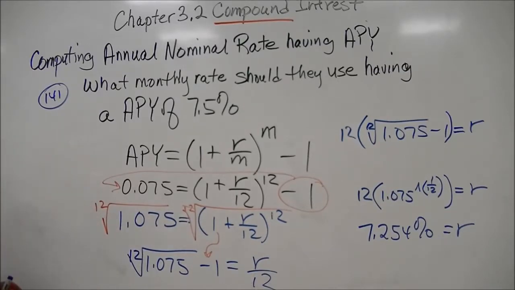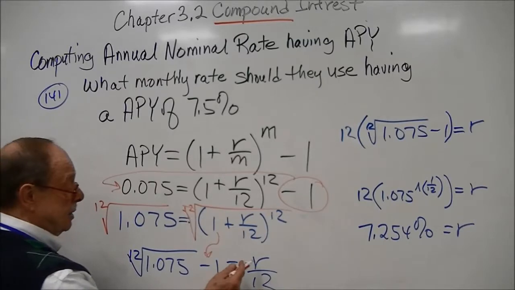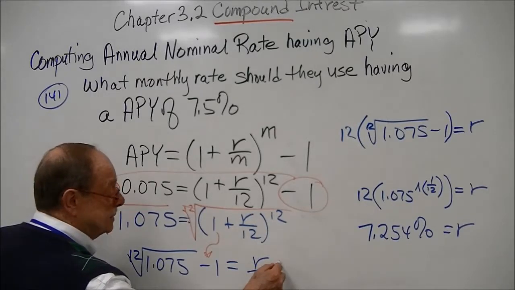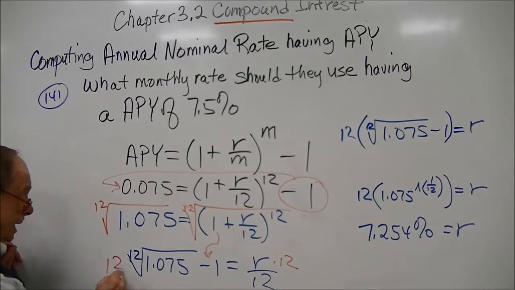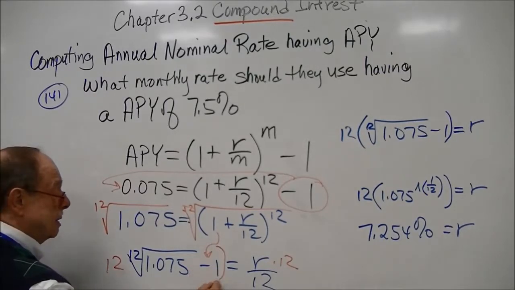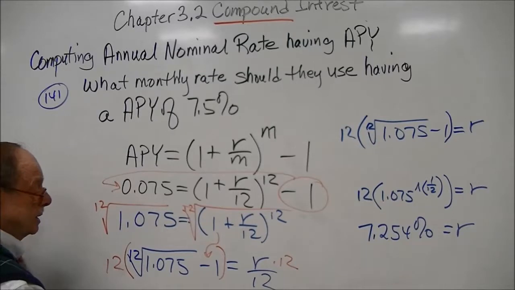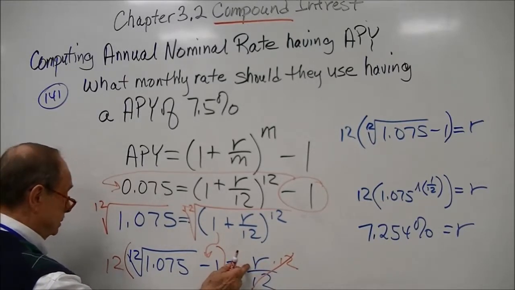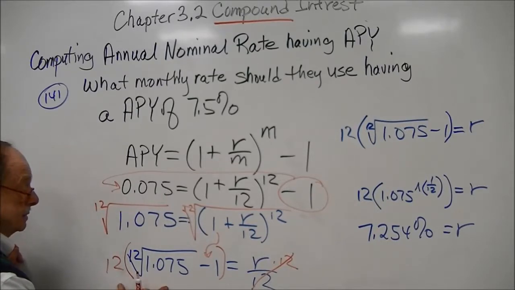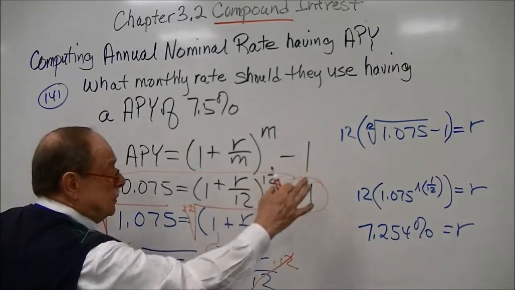Well, again, the rule is, if I want to get R by itself, I have to multiply this side by 12, and I have to multiply this side by 12. Now remember, it's all of this. So here the 12s cancel out, and I'm left with an R. And I have this. So I moved it over here.